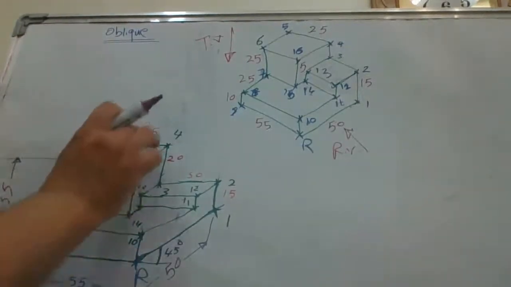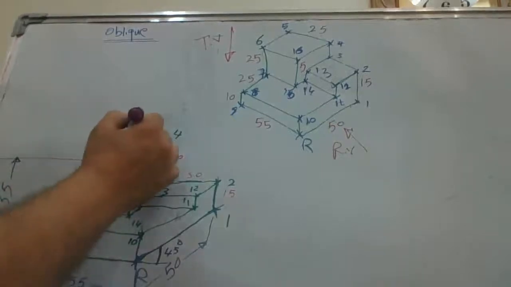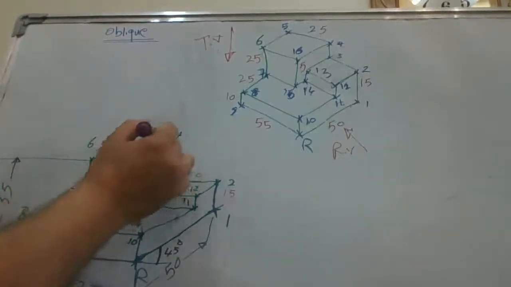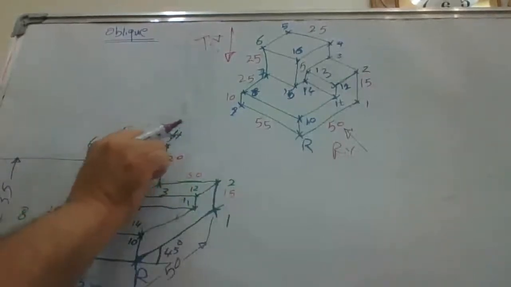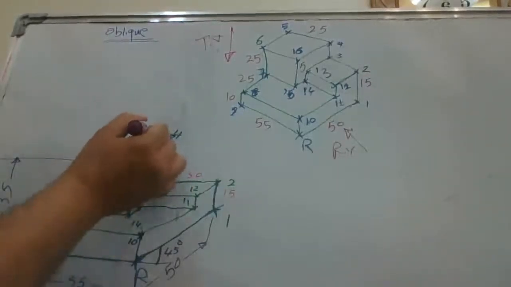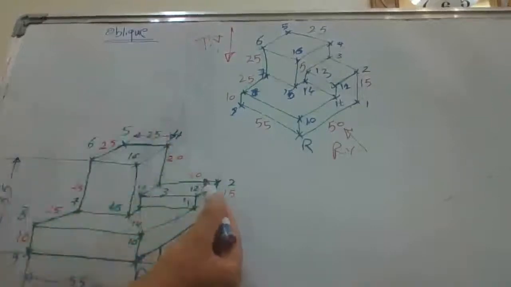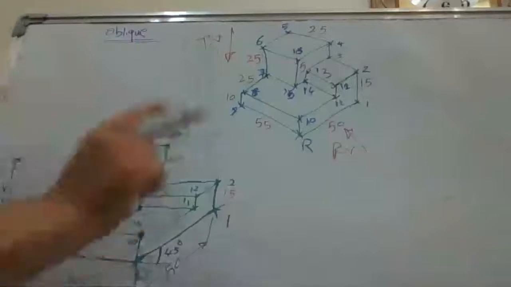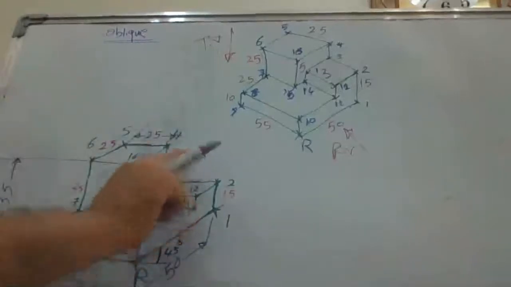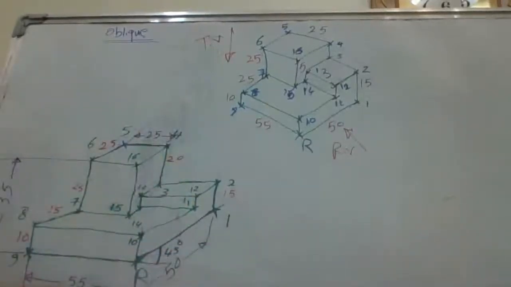See here, if we put here 25 millimeter, we can simply guess this number, 30. Remove it. If we put 30 here, we can guess 25 because we have the total length here, 55.